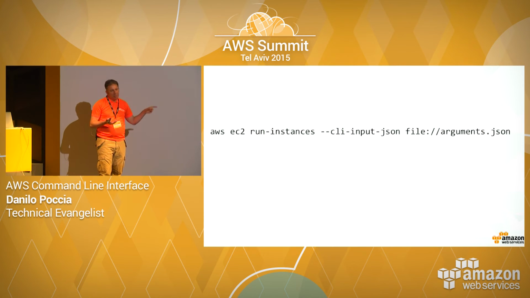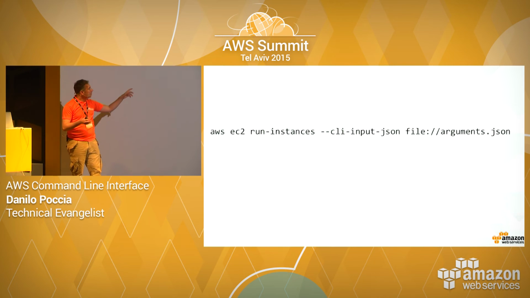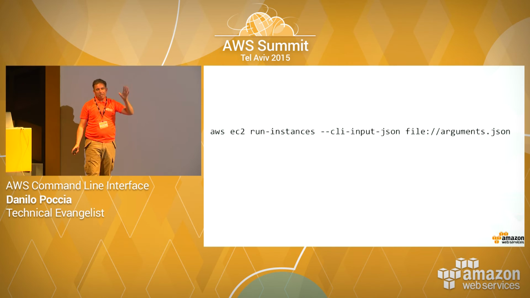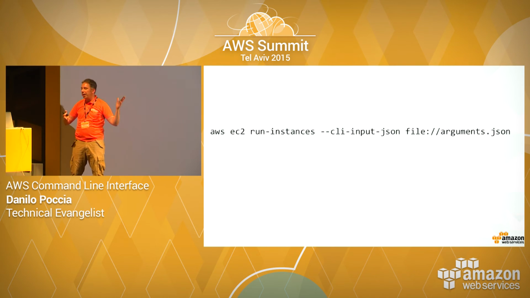And by the way, I tell you this because it took me some time to understand it. If you use two slashes after file, the location of the file is relative to where you are. If you put three slashes, it's absolute. So the third slash goes as the absolute path of the file system.